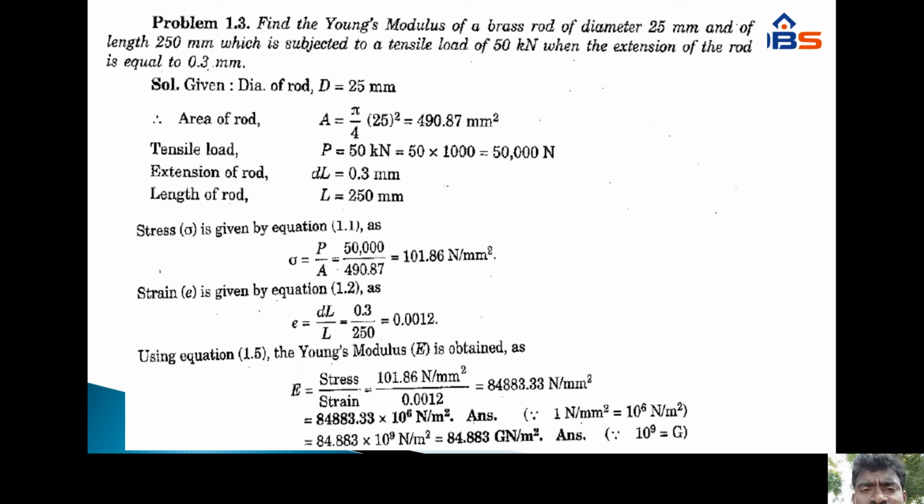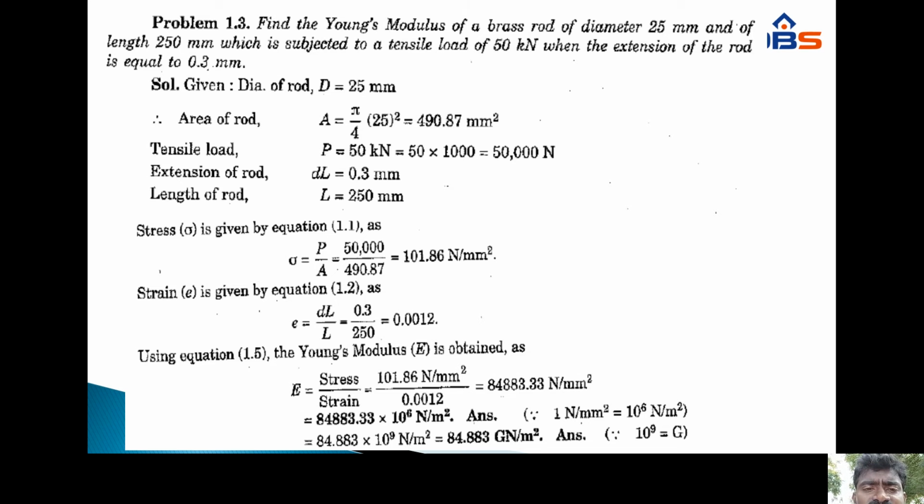Diameter of the rod equal to 25 mm. Area of the rod equal to pi by 4 into d square. Tensile load P equal to 50 kilonewtons, that equals 50 into 10 cube newtons. Extension of rod delta L equal to 0.3 mm. Length of the rod L equal to 250 mm.